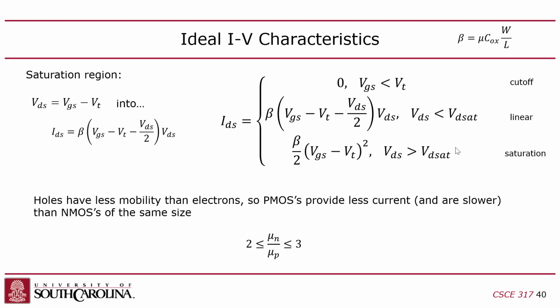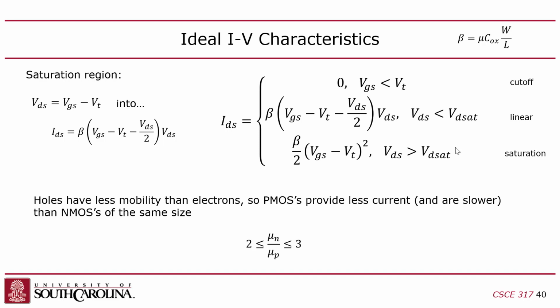The cutoff region is 0, and then the saturation region, which is where the drain source voltage is greater than the saturation voltage, is where the transistor turns into a constant current source, which is going to be beta over 2 times (VGS minus VT) squared.